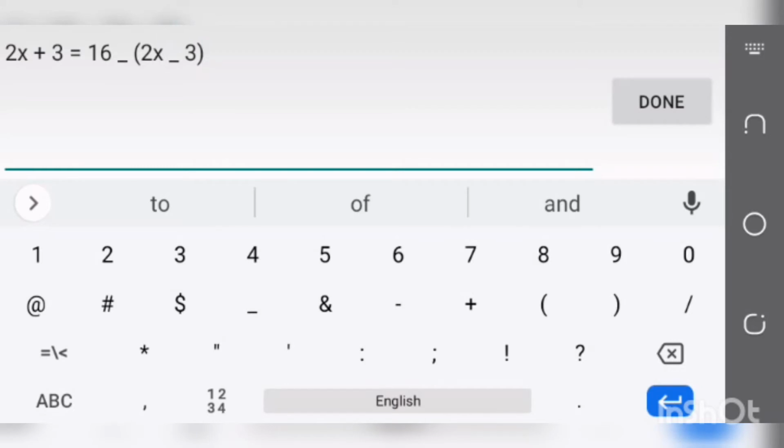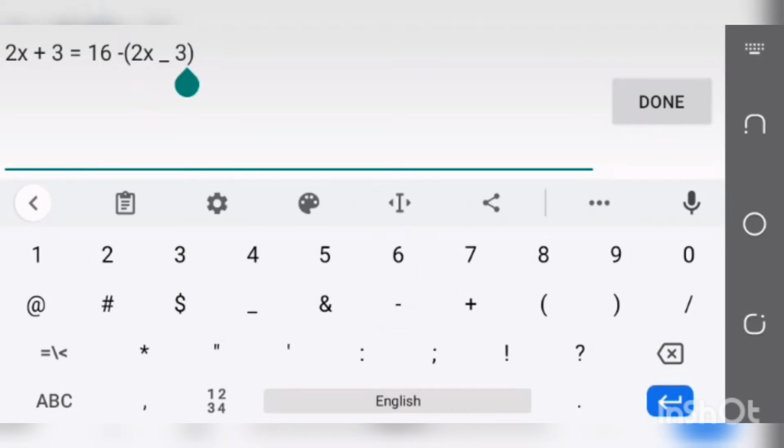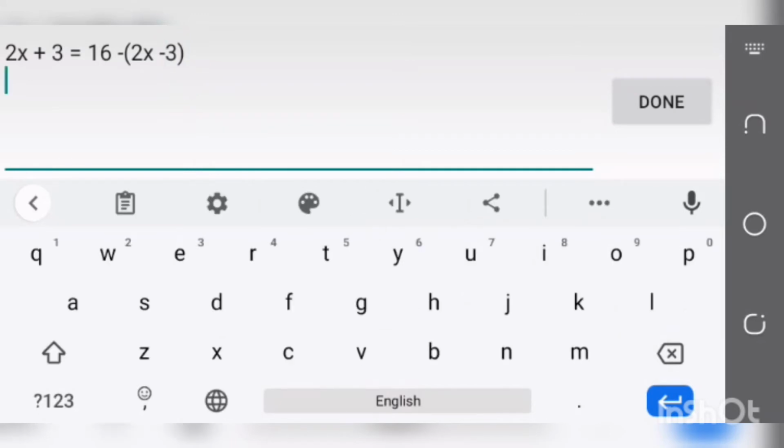You have to remember some basic rules of performing math. I am writing the right minus sign, the subtraction sign. Okay, do not confuse it. Next step, rearranging.